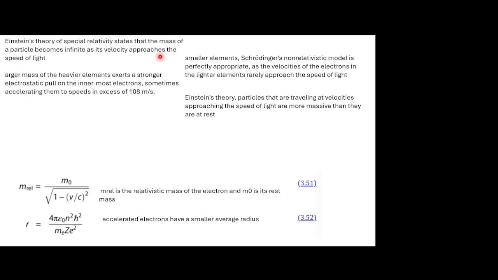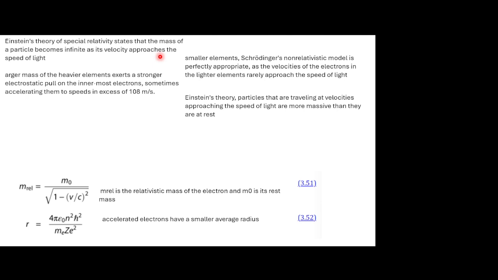Okay, so now, if you have a larger mass for your element, it's going to have a stronger electrostatic pull on those electrons that are near it. So far, we had been talking about the ones in valence shells, right? The ones very far from it. But the stuff really close to it is going to get pulled really, really hard, and it's going to be accelerated really, really hard.